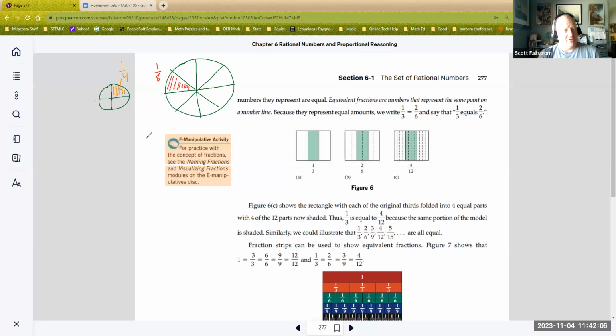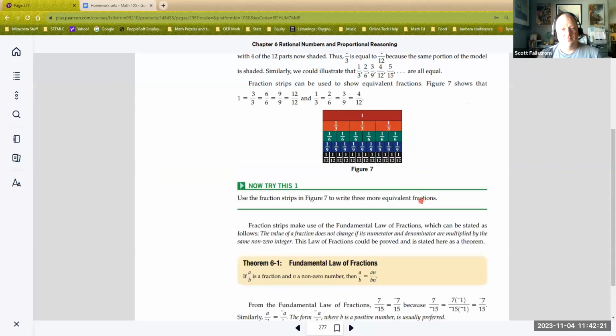It is possible, but that does not mean 1/8 is bigger than 1/4, right? We need to be measuring it on the same whole object. So that's an important piece to make sure that we're always using the same whole object.